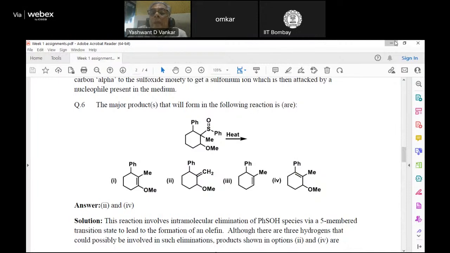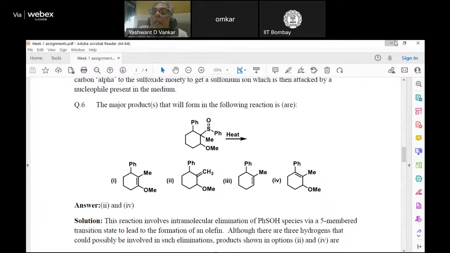Sir, in the case of pyrolytic syn elimination, stereo is mentioned, na? Yes, of course. Stereochemistry has to be mentioned, like in this particular case, question number 6. Here I have not mentioned the stereochemistry. That is very true. For example, the elimination to give the exomethylene, that is elimination from the methyl group, is very clear.